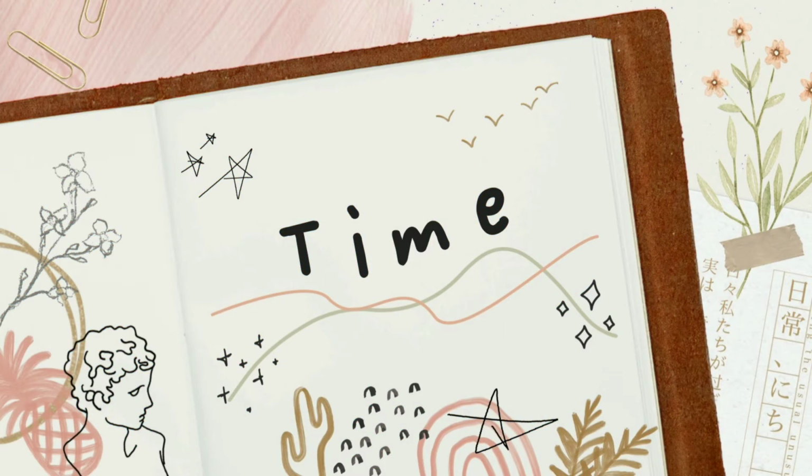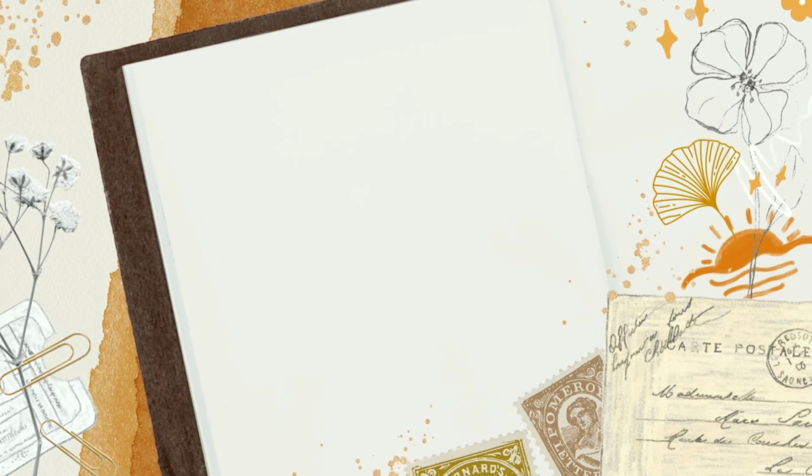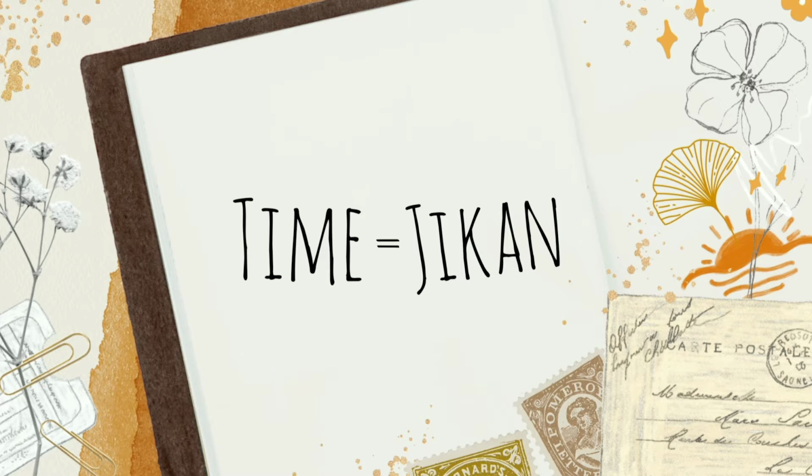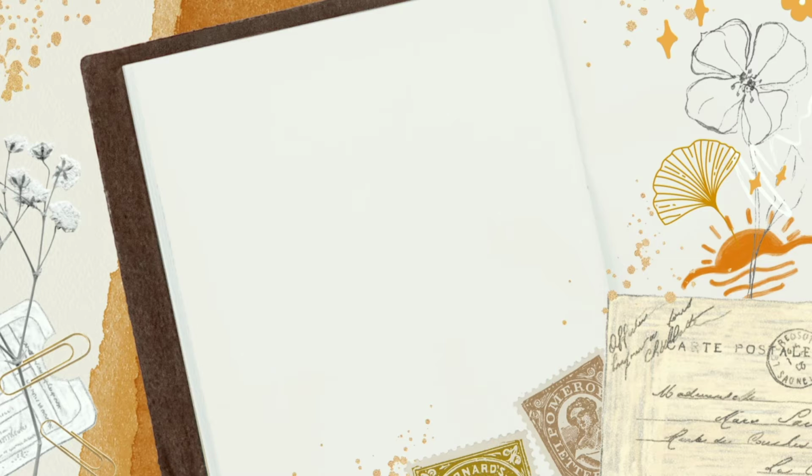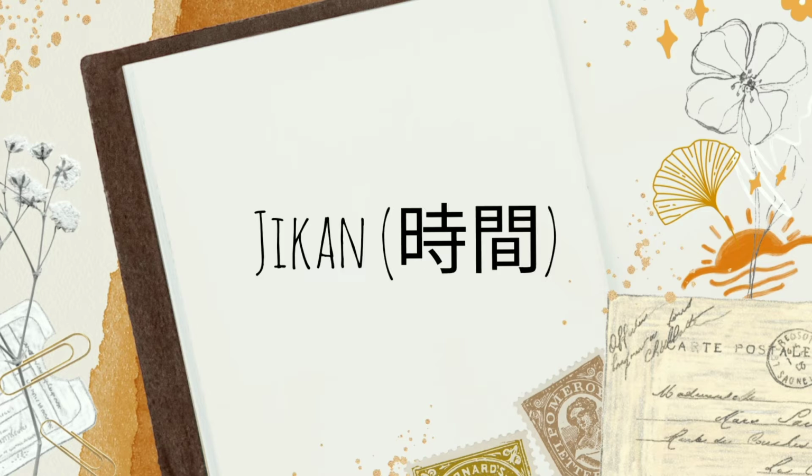Again, our topic for today is telling time in Japanese. The word time is translated as jikan in Japanese. Jikan.